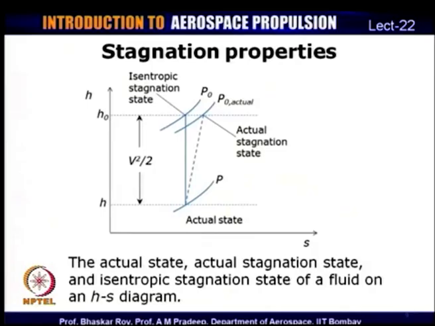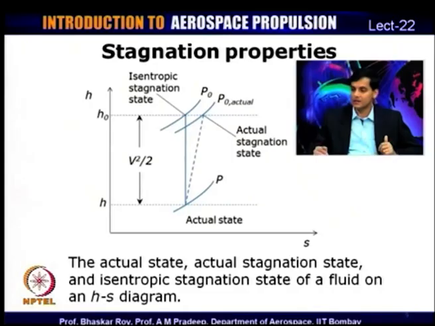What we have done here is, on an enthalpy-entropy scale, with H and S axes, let us say a compression process where there is an increase in pressure, or even if there is no compression, let us look at a fluid which just has a certain velocity, which means that it will have stagnation parameters which will have to be accounted for, which is basically the sum of the static parameters plus the dynamic term.